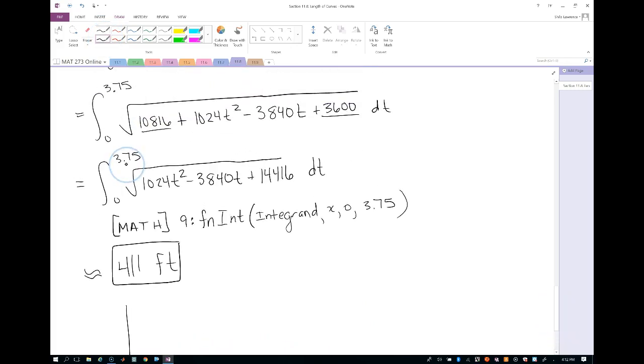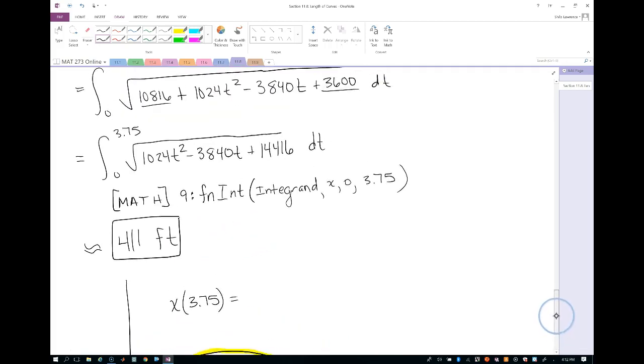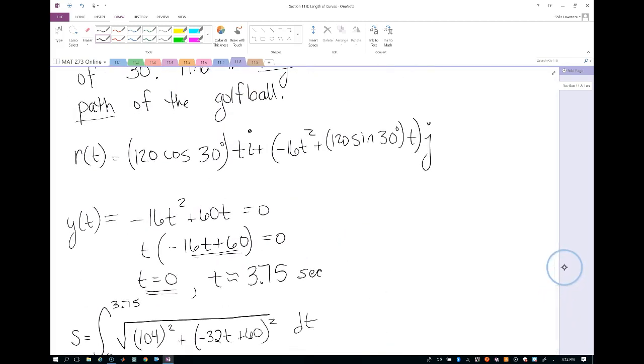I know the ball lands after 3.75 seconds, so we could calculate x of 3.75 and see if it comes somewhere in a similar ballpark. So the x function was 120 cosine 30t. Cosine of 30 we said was radical 3 over 2.